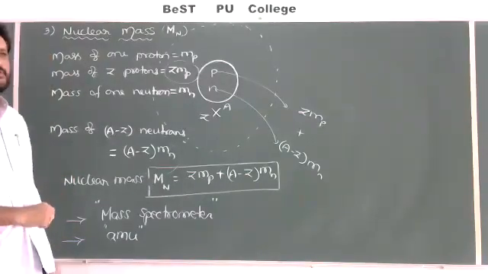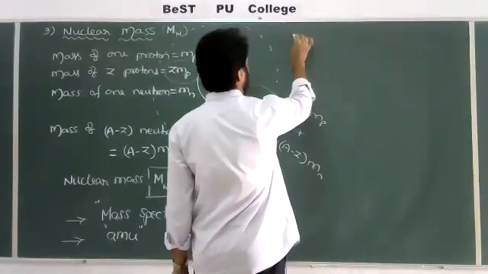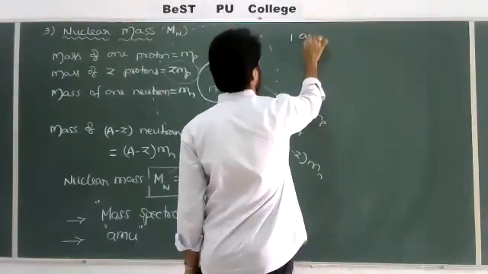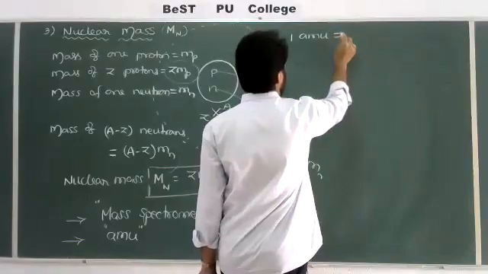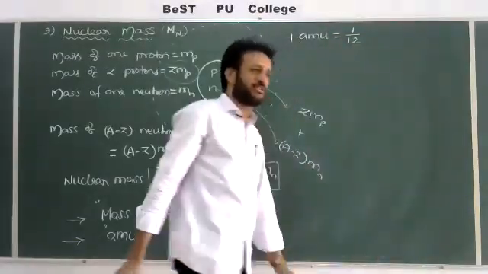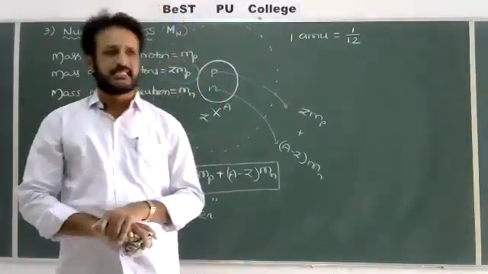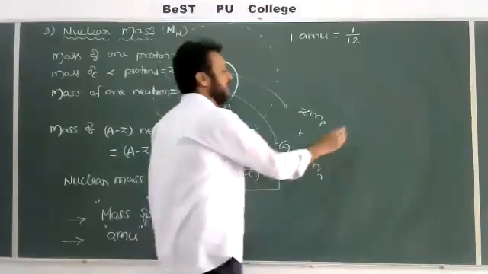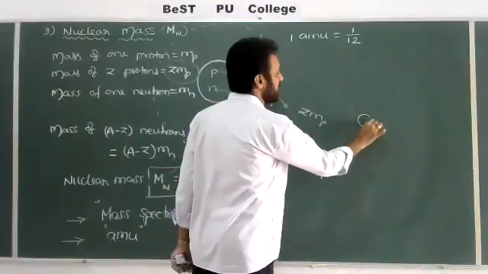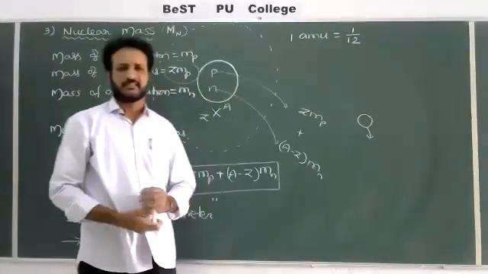But what does AMU mean? One atomic mass unit: we should take a carbon atom. Carbon has a number of isotopes. I'll take carbon C-12, one of the stable elements. For example, one carbon-12 atom has some mass.